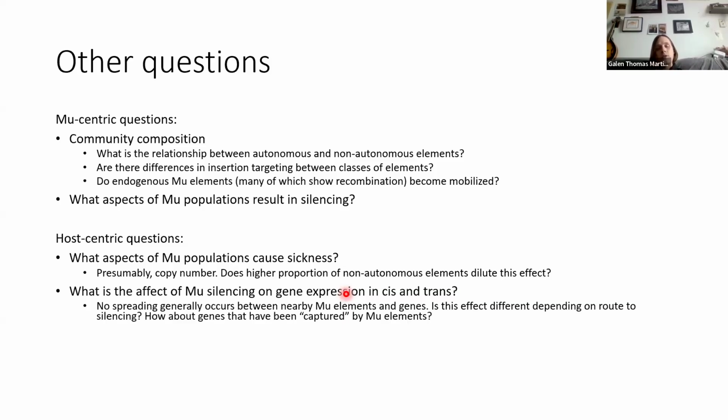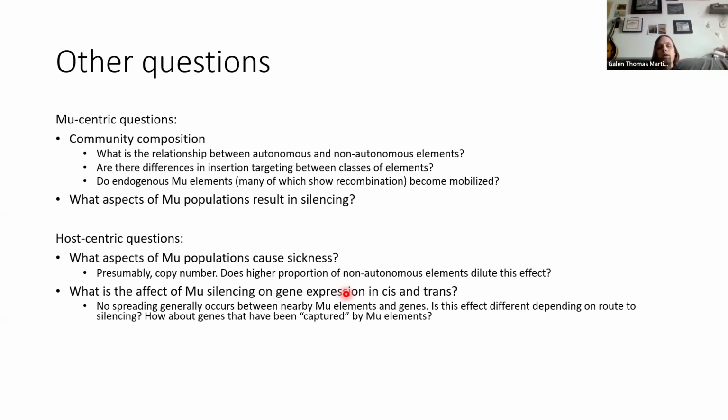Those non-autonomous elements, Mu1 through Mu18, also include small captured regions of maize genes. And there's been a little bit of work done by, for example, Aline Muyle in Brandon Gaut's lab, where she looked at crosstalk of small RNAs between captured gene fragments and their donor gene, and she found a large amount of generation of small RNAs between those captured elements and the genes.